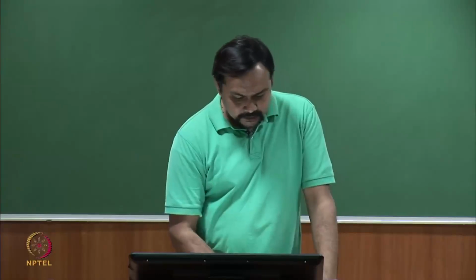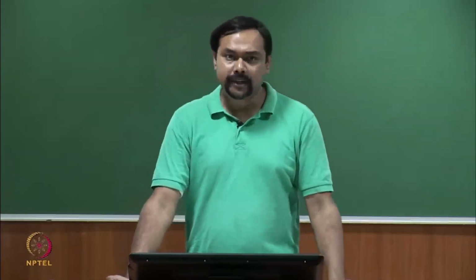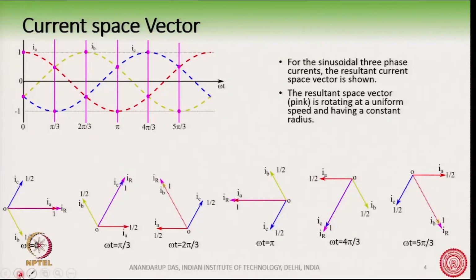In order to visualize it better, we have taken this current space vector here. On the top we see there are 3 currents, for example load currents, and we have taken sinusoidally varying currents I_A, I_B, I_C, the 3 phase current.